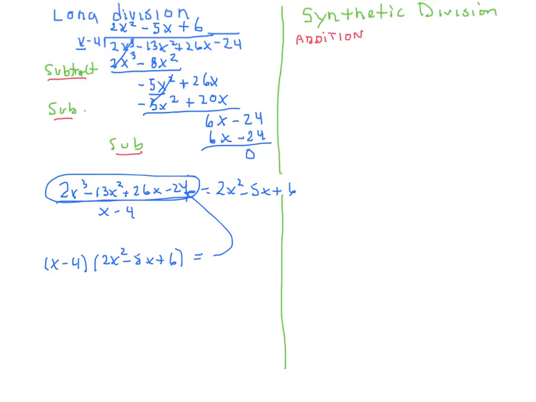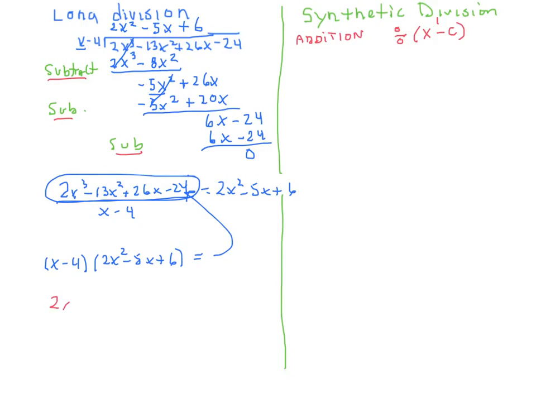Also, synthetic division can only be used if you're dividing by x minus c. Now, what do I mean by that? X has to be to the first power, and the coefficient is 1 in order to use synthetic division. For instance, in long division, you can divide by anything.